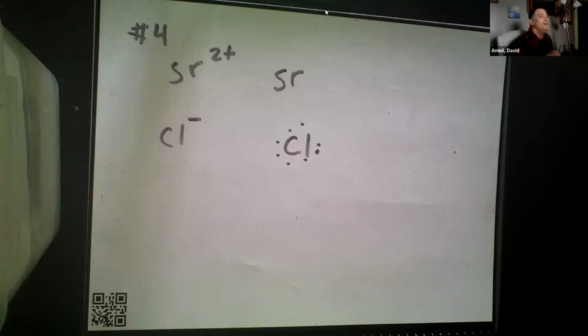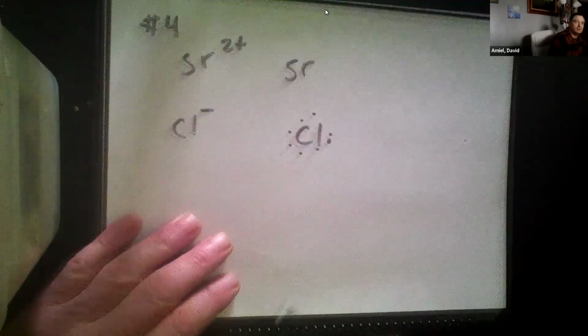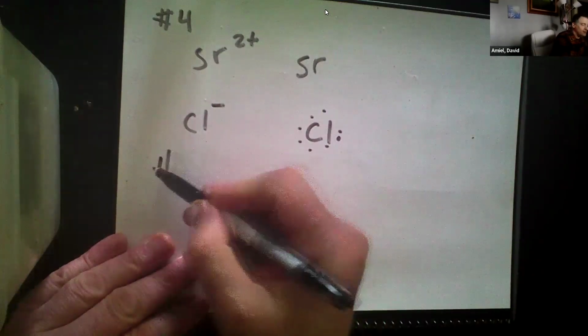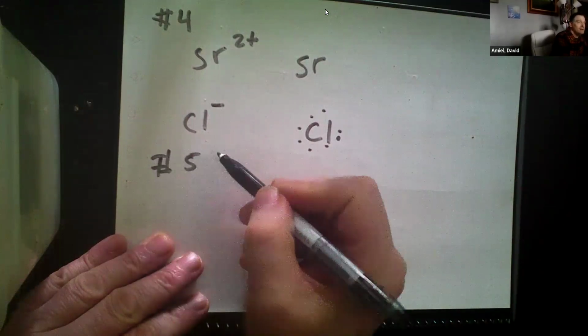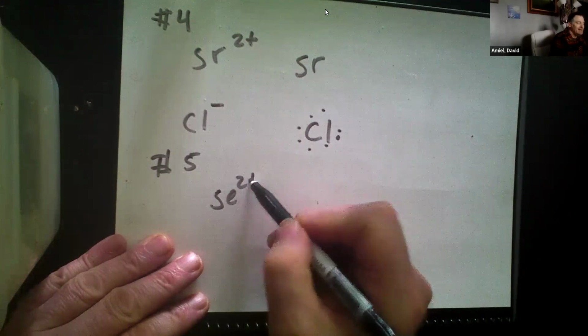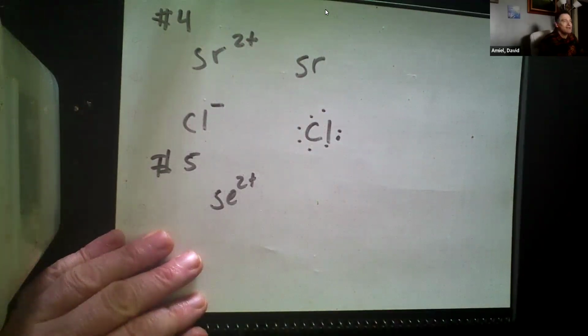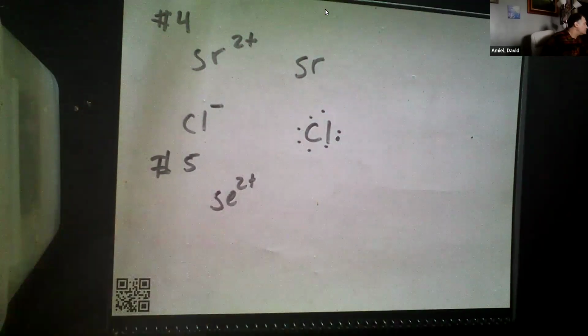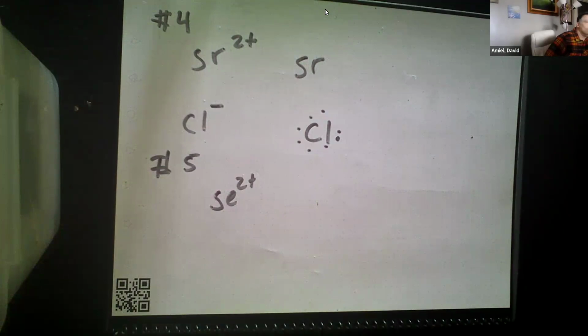5. Indicate the noble gas that has the same Lewis structure. So here's number 5, Se2+. I'm looking at selenium here. Ooh, selenium.